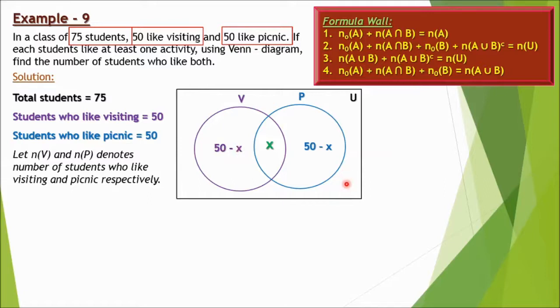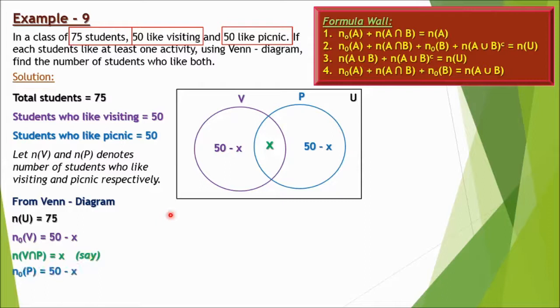We will talk about that from the Venn diagram. n(U) equal to 75, and only V is 50 minus x, and the intersection, meaning common, is x. Here only P is, let's say, we have supposed, so that's why we write say, only P 50 minus x.